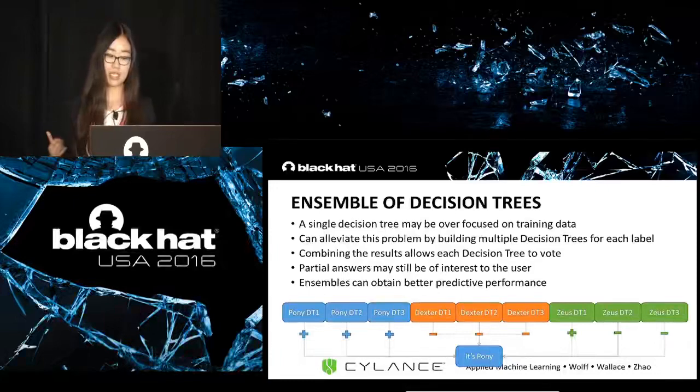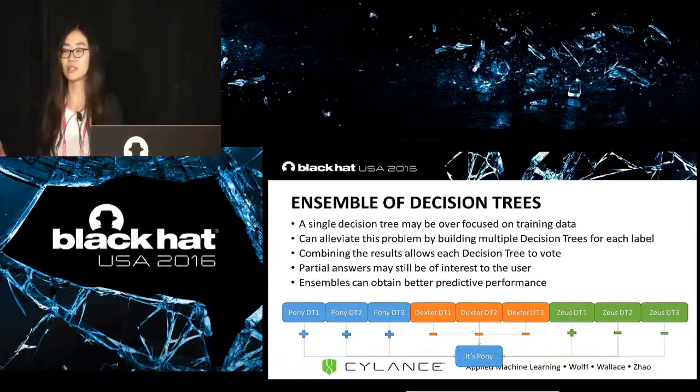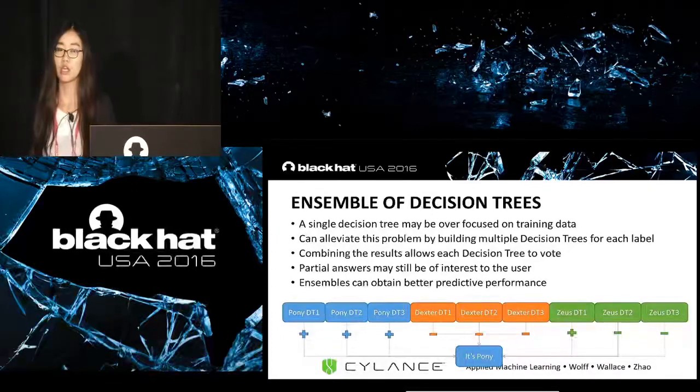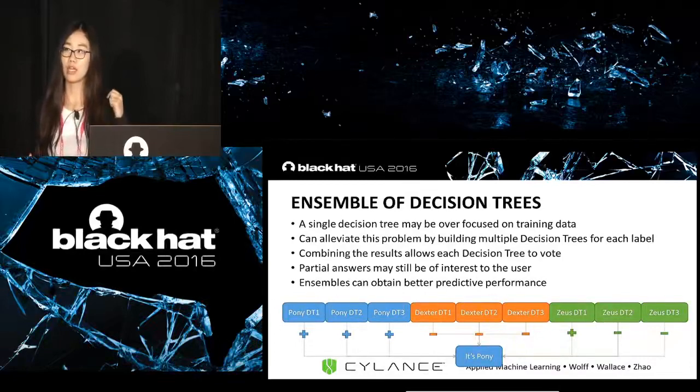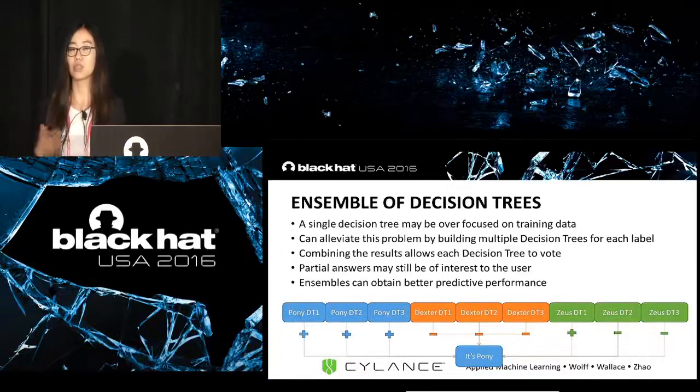And here is an example of how we make the decision based on this ensemble, this bunch of multiple decision trees. We get all these decision trees to vote whether it is this label or not, and then we collect all the votes together. If one label gets the most votes, we say this sample belongs to this label.